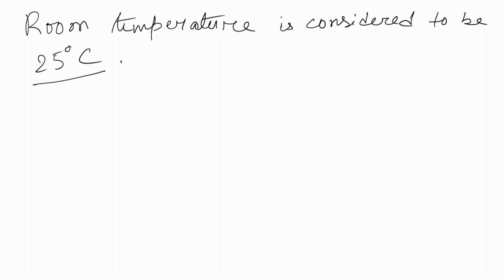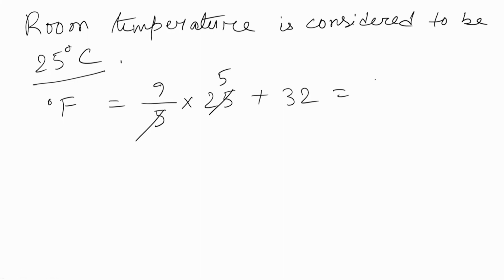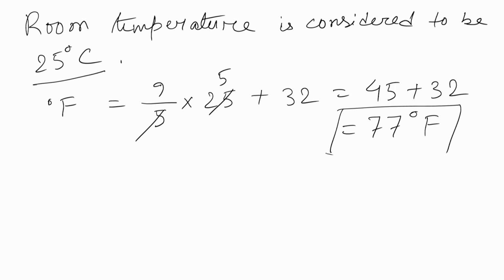So, what is the room temperature in different units? In degree Fahrenheit, it will be 9 by 5 into 25 plus 32, so this is 45 plus 32, 77 degree Fahrenheit.